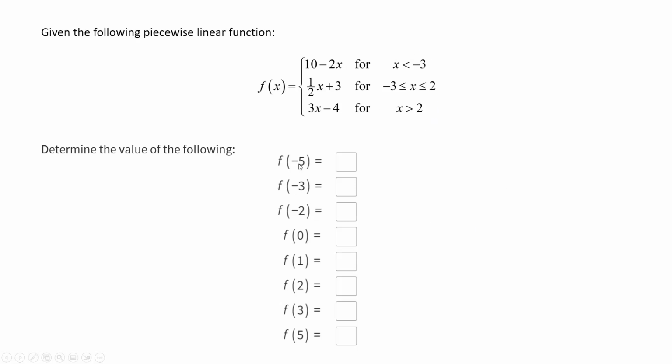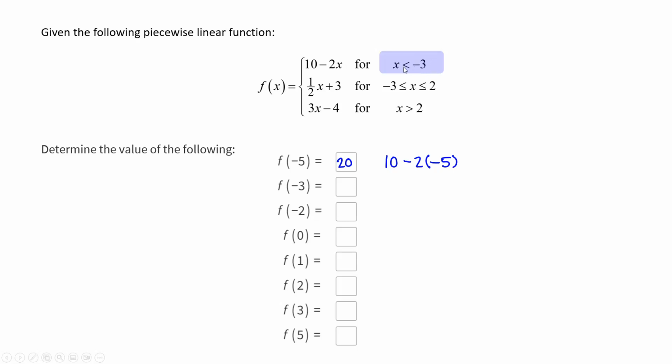So for f of negative 5, well, negative 5 is a value that's less than negative 3, and so you would substitute negative 5 into this, and you would get 20 as your answer. When you get to negative 3, well, negative 3 is not less than negative 3.